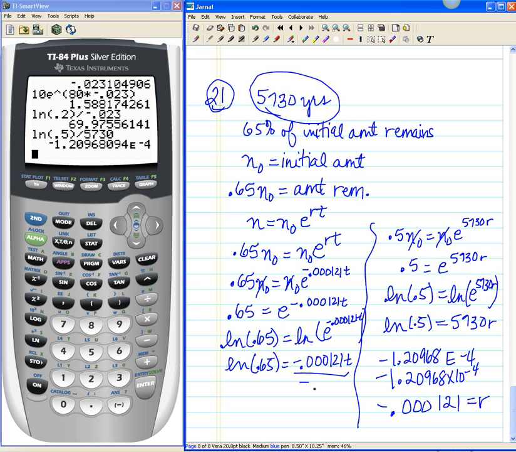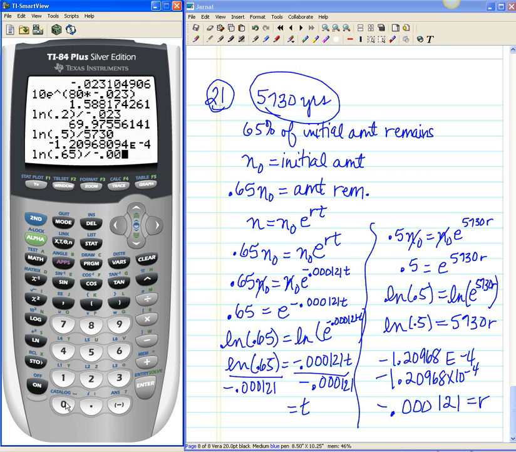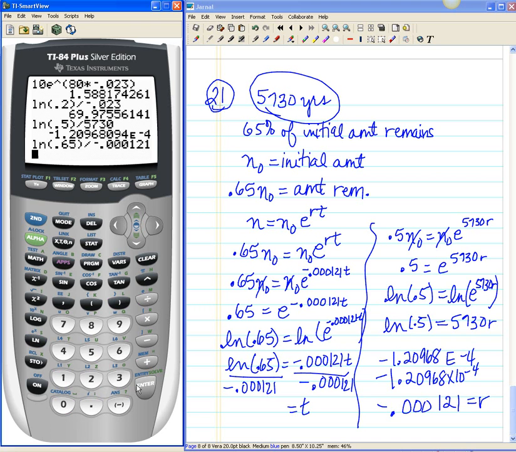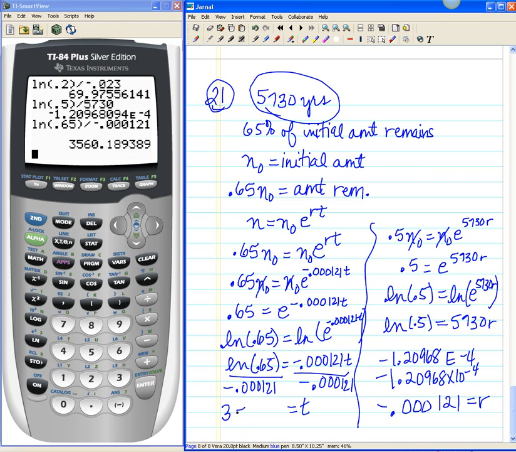Dividing both sides by that ugly number, we're going to get the natural log of 0.65 divided by negative 0.000121. Make sure you get enough zeros in there. And that's going to be 3,560. Okay. So the artifact was made 3,560 years ago.